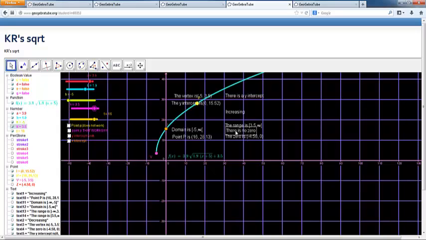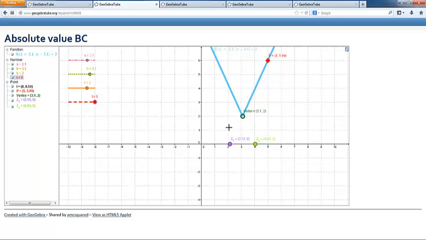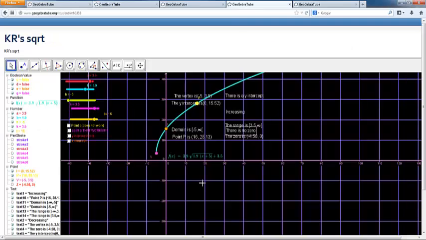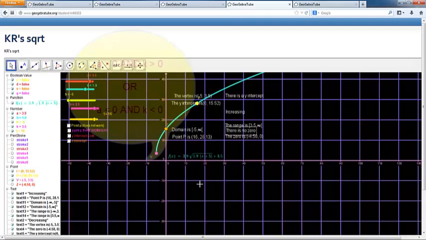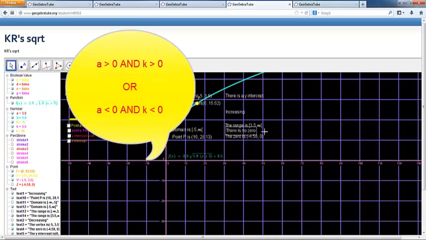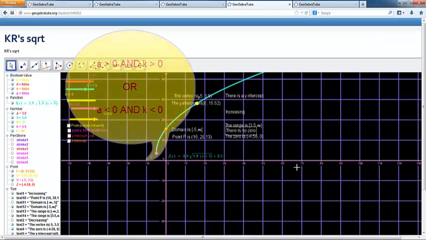Because for some functions, like the square root function and the absolute value function, GeoGebra will continue to display those points even though we know that they don't exist. So once again, the students had to tell GeoGebra under what conditions to display a message like there is no zero. And for that, they had to figure that out.